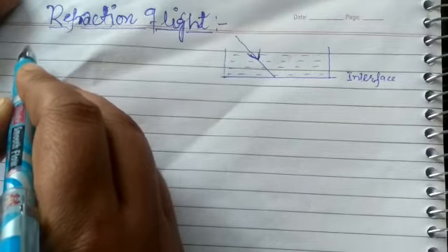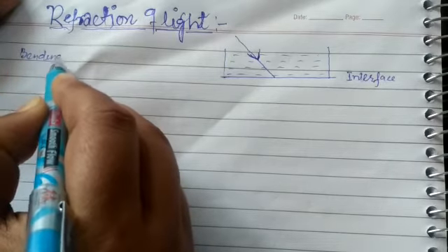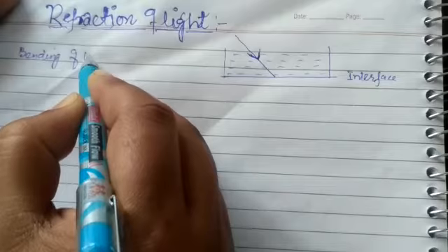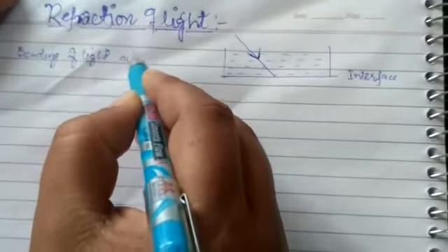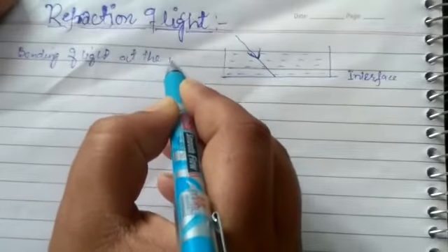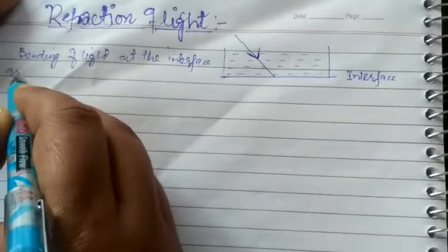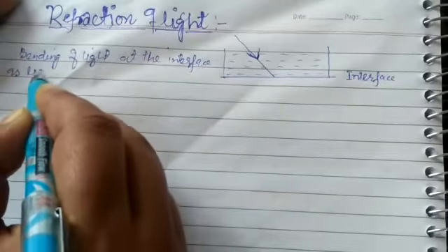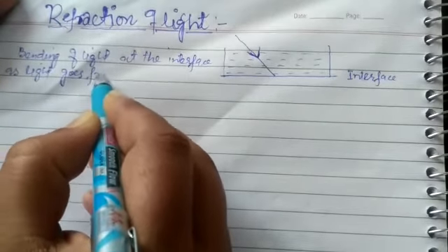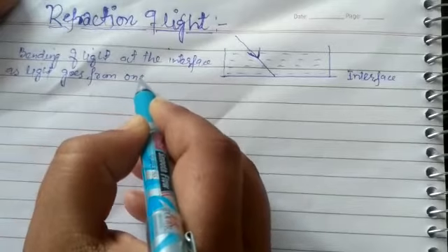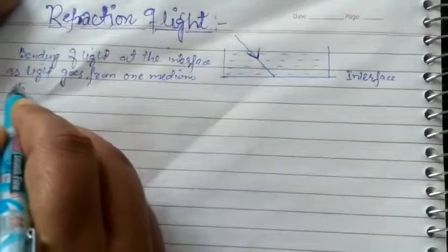Refraction means the process of bending of light at the interface as light goes from one medium to another.